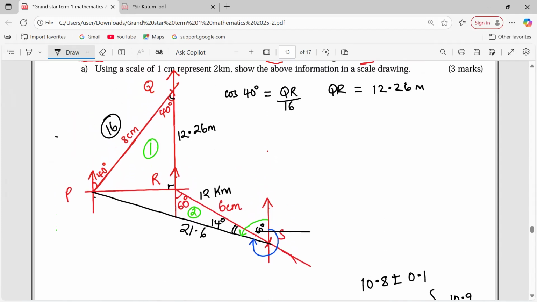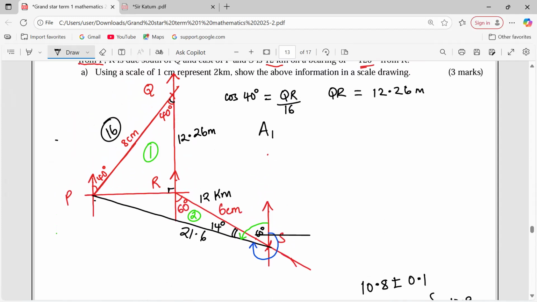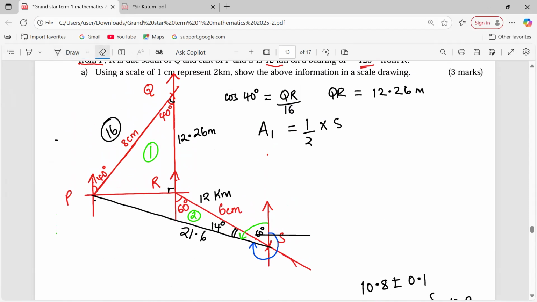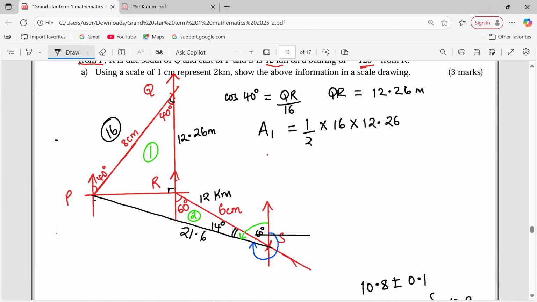So now we can say area 1 equals half times 16 times 12.26 times the sine of 40.